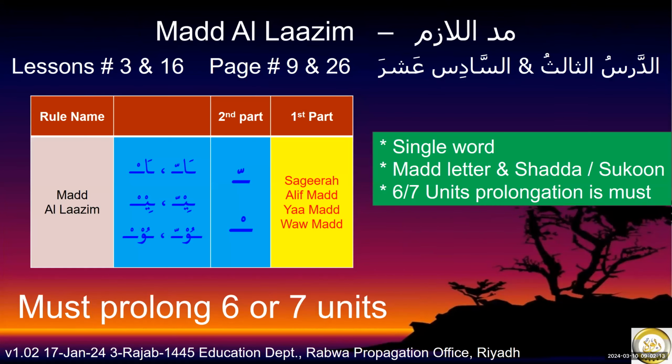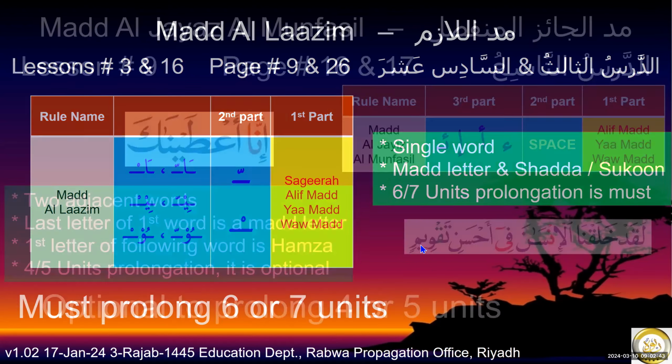Okay. Now we are moving to the next part. This is lesson number 3 and 16, because it has two together, page number 9 and page number 26. In the beginning, when we discussed the Sageerah rule and Alif Mad, Ya Mad, Waw Mad, there is a restriction of Hamza, Ya Sukoon and Waw Sukoon, right?